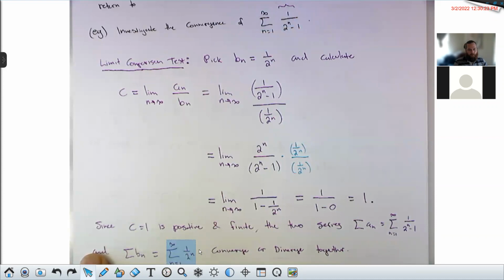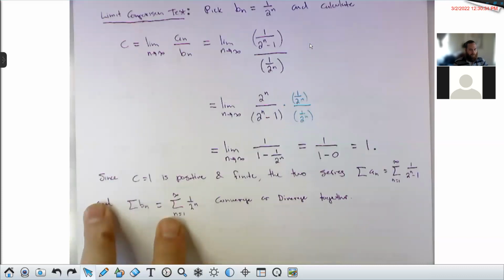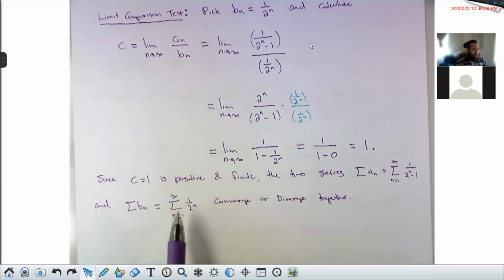So if I can prove that this series diverges, then I will learn that my series diverges. If I can prove that this series converges, I will have shown that my series converges. What we need to do to finish the problem is say what this series does. Then we can conclude that my series does the same thing.